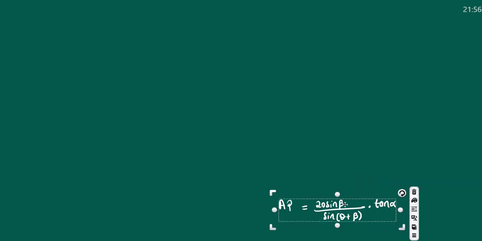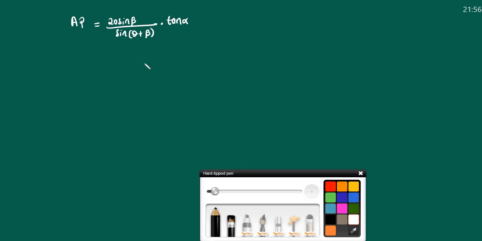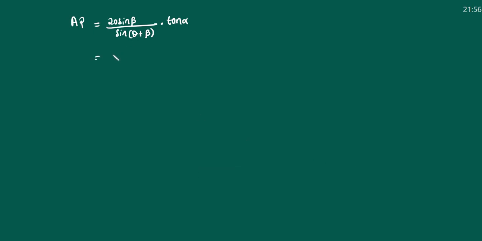This is what we have here. So now we can simplify this using the compound angles, because this is a compound angle here. So you can say 20 sine beta, and then down here you say sine of, remember theta and beta are equal. So I want to express it in terms of beta. I can write it as 2 beta, and then tan alpha.